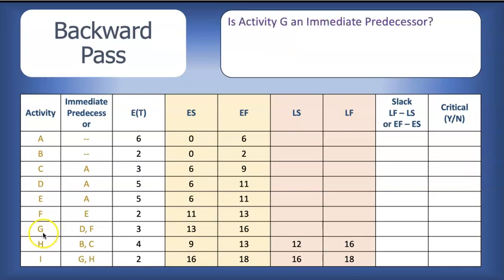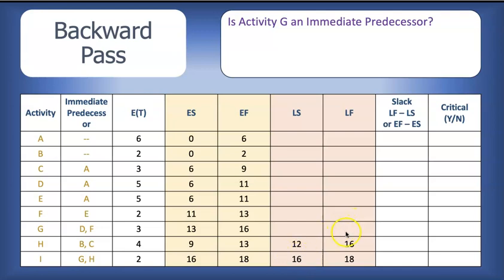Alright, activity G, same question. Is activity G an immediate predecessor? So we're looking in the immediate predecessor column, and here we see activity G. This means that activity G is an immediate predecessor. We see that G is a predecessor for I. So activity G has to pass the baton to activity I. Activity I needs to start by the latest week 16.